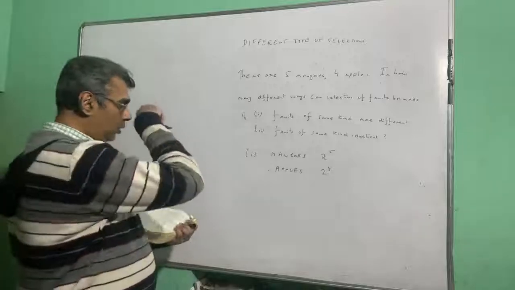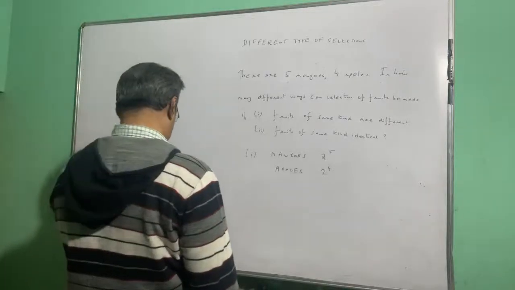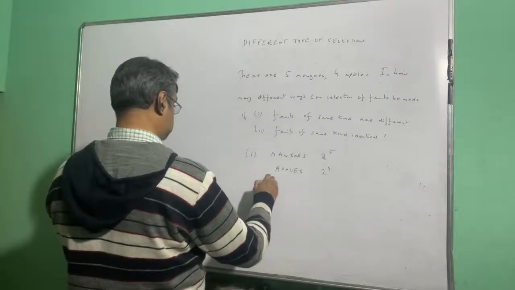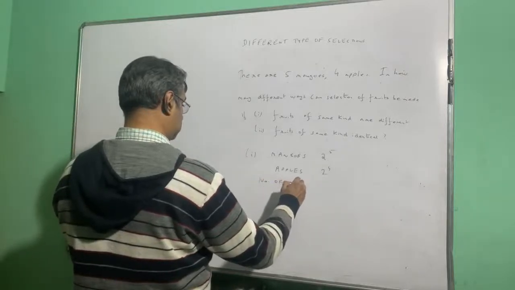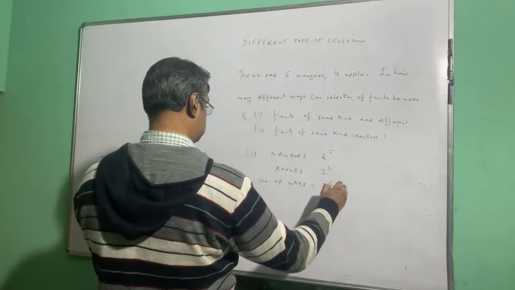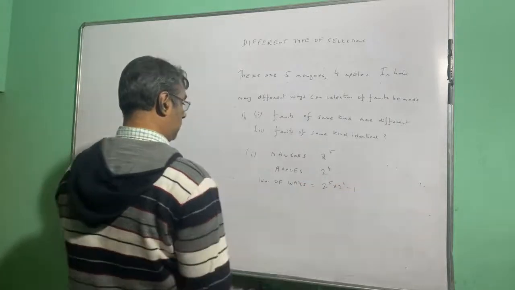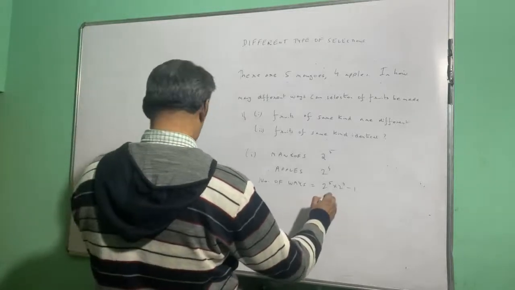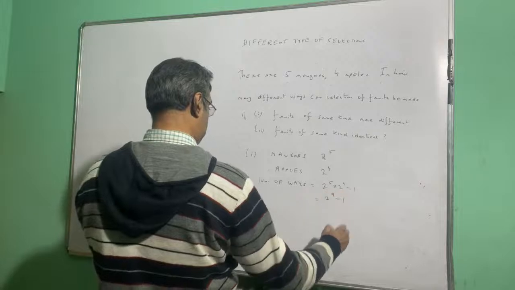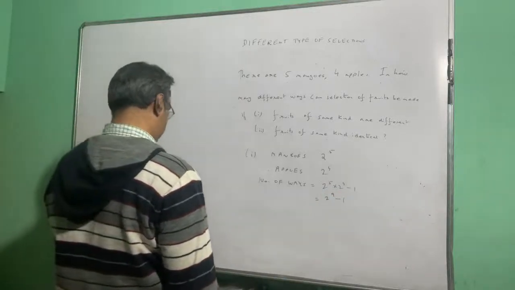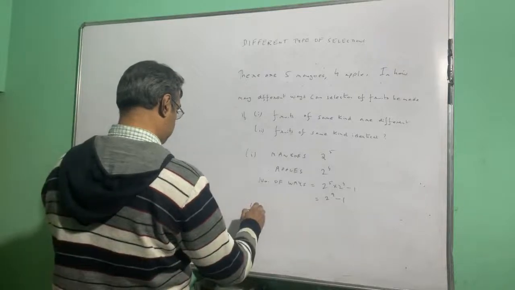So 2 into 2 into 2 into 2, so 2 to the power 4. So the number of ways will be 2 to the power 5 into 2 to the power 4 minus 1. So that will be 2 to the power 9 minus 1. So this will be the answer of the first part.